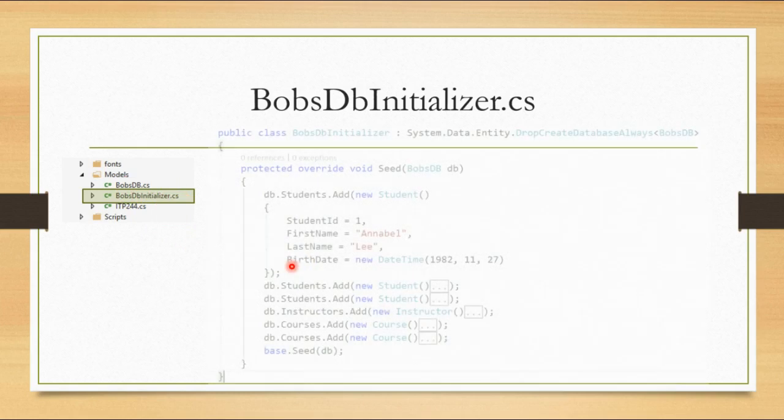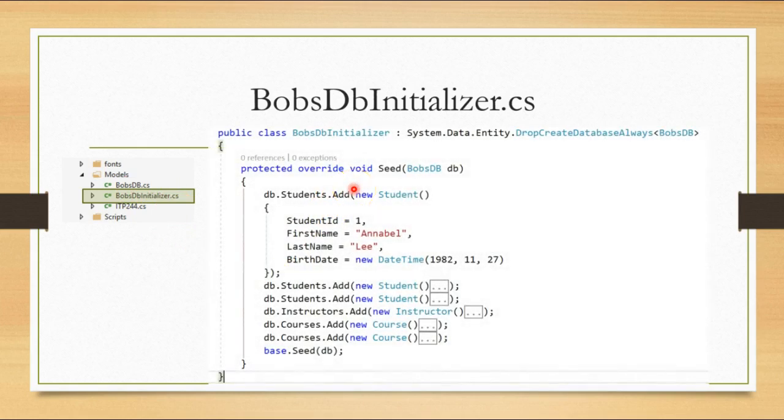BobsDbInitializer. So what this will do, this is going to inherit from a System.Data.Entity class called DropCreateDatabaseAlways, and DropCreate BobsDB. What this will do is every time we start our project, it will blow out the data we have, and we're going to create new data. So we're going to populate our database every time we run our application.